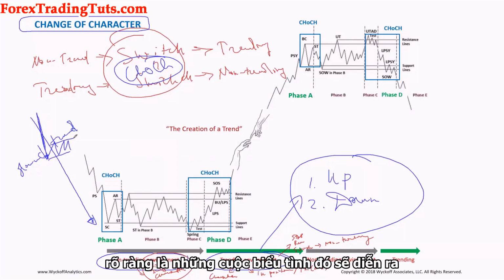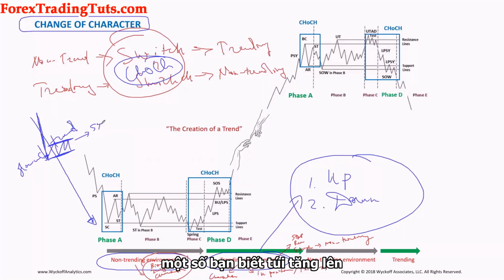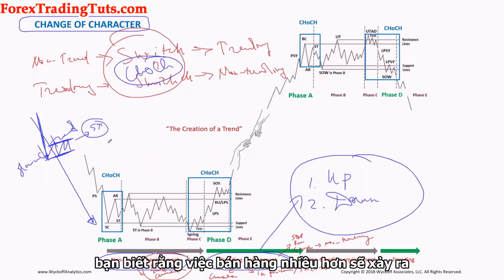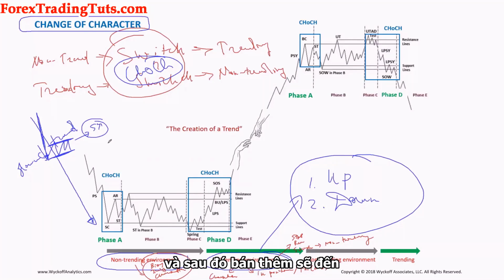And obviously those rallies are going to be smaller. They're going to be populated with some pockets of increased supply. This is where more selling is going to occur, and then additional selling is going to come. So it will not allow the price to go up significantly. And that's going to be the main price characteristic.